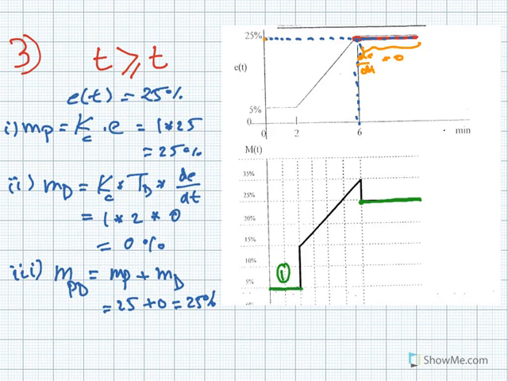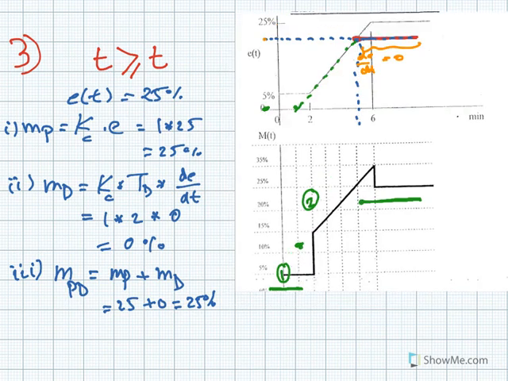This part is due to interval 1, which is from 0 to 2 minutes, and then we have number 2, the interval from 2 minutes to 6 minutes.